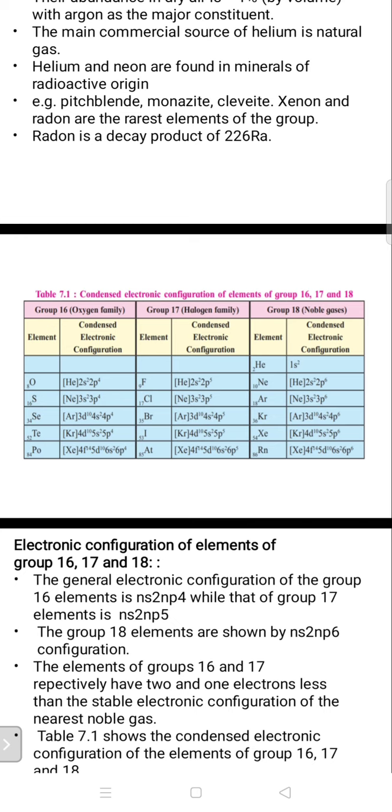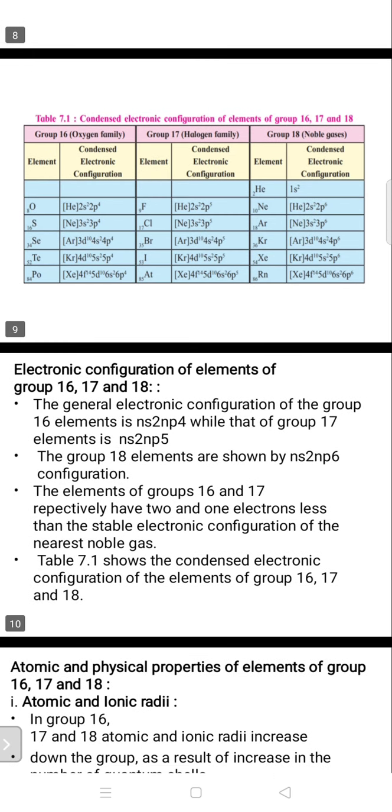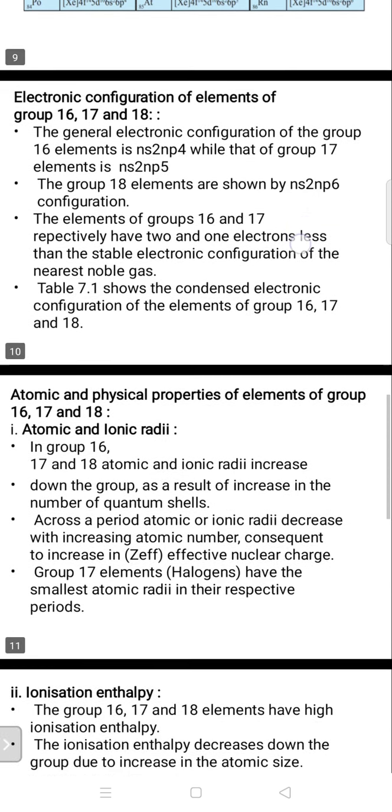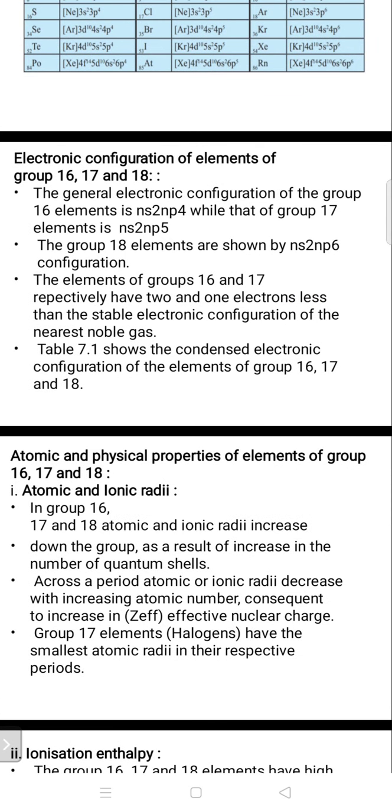After this, we're going to discuss the electronic configuration of the elements of groups 16, 17, and 18. The general electronic configuration of group 16 elements, as I told, is ns2 np4, while that of group 17 is ns2 np5, and group 18 is ns2 np6.